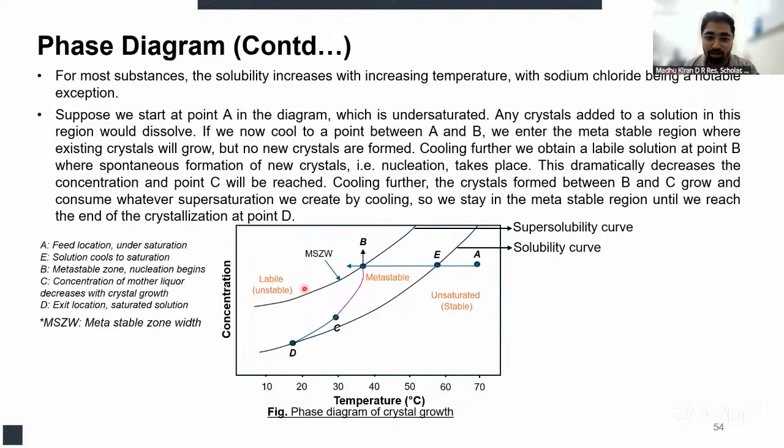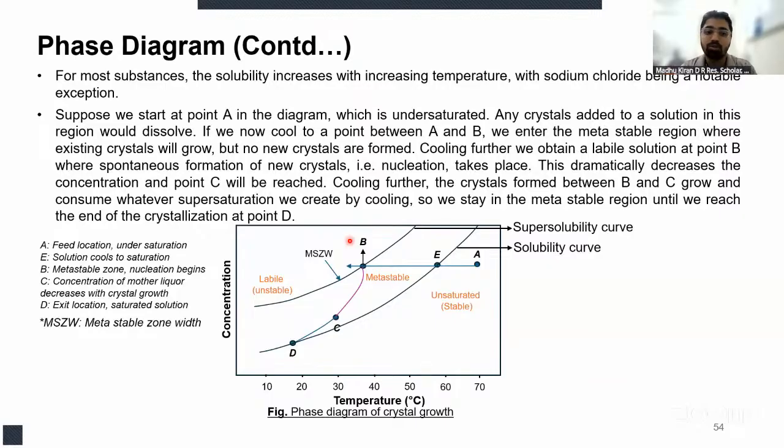This region is very labile because if we carry out the crystallization, or maintain our solubility or temperature at this particular point, there is a high chance of primary nucleation. Primary homogeneous nucleation means nuclei spontaneously appear, and because of very high supersaturation, a very large number of small size nuclei are formed.